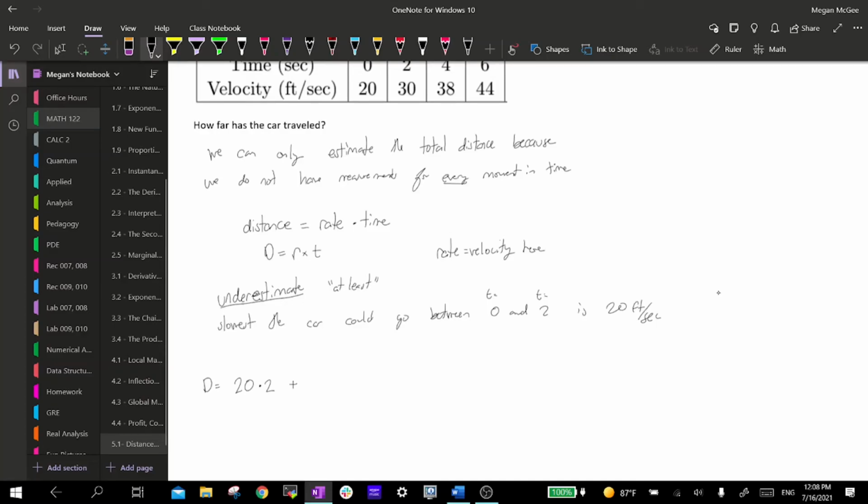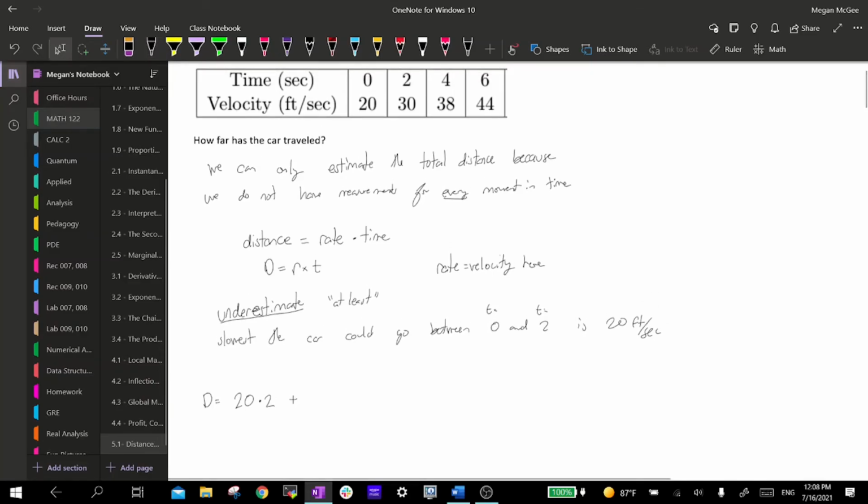So we need to add this to the slowest the car could be going between 2 and 4, which is going to be 30 feet per second. Again, multiplied by the amount of time that has lapsed between 2 and 4, which is, again, 2 seconds, right? So our time intervals are remaining the same. Okay.